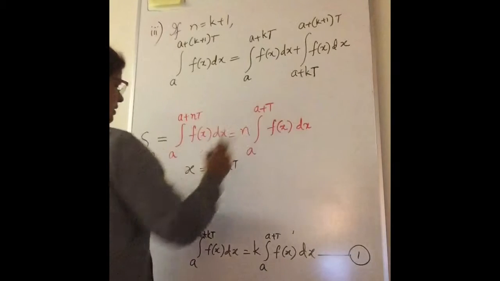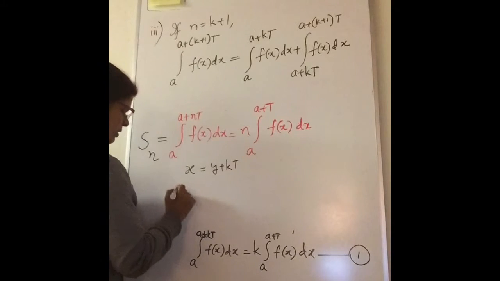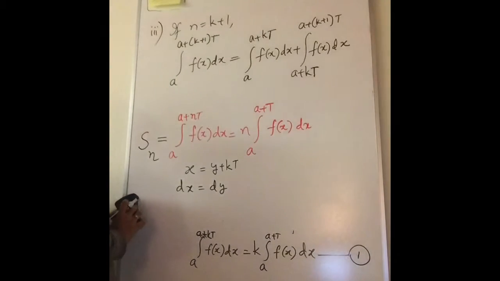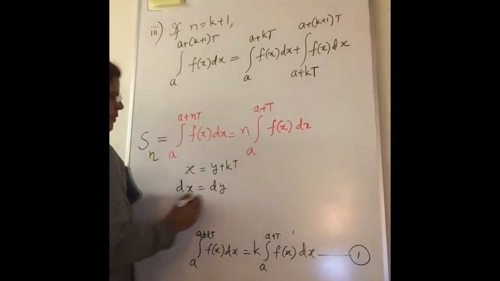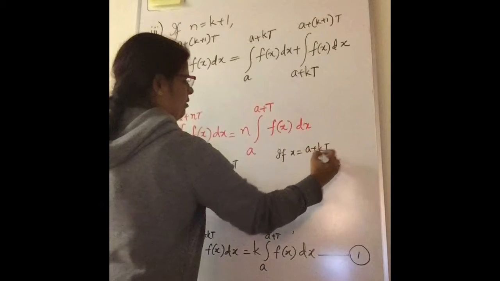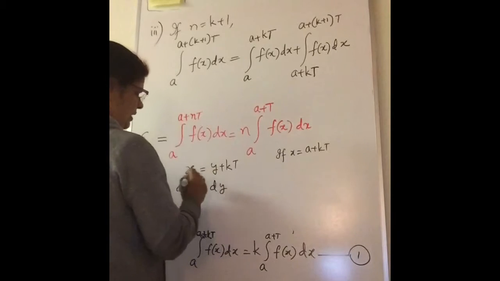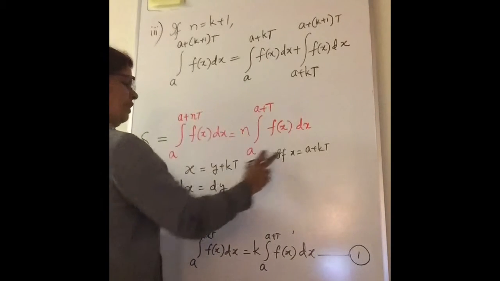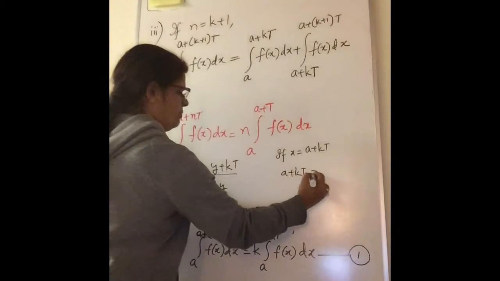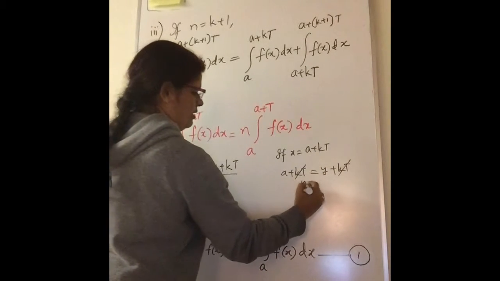To remove kT term, I am assuming this x is equal to y plus kT. Differentiating both the terms, we get dx is equal to dy. And limits also are to be changed. If x is equal to a plus kT, how the value of y changes? Let us see. X is equal to a plus kT is taken here in this. So a plus kT becomes y plus kT. That is y is equal to a.